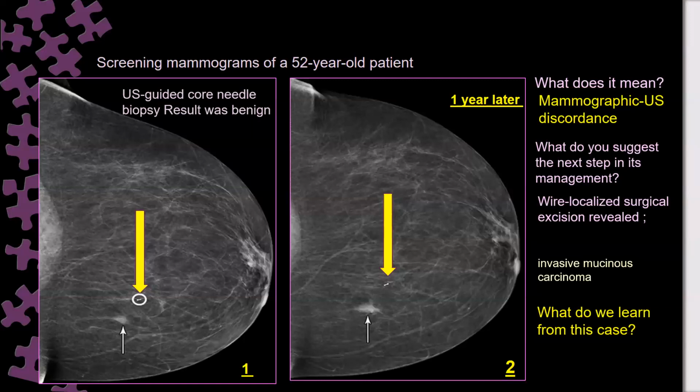So what did you learn from this case? I think in the first, they already took a biopsy and put a tissue marker and re-imaged by mammogram, but it was far from the lesion.